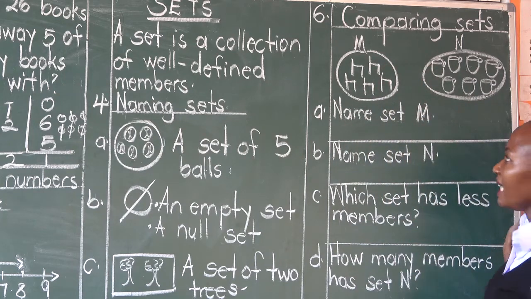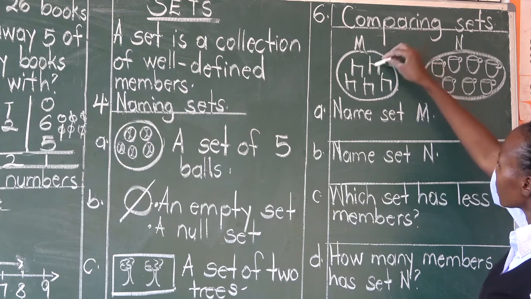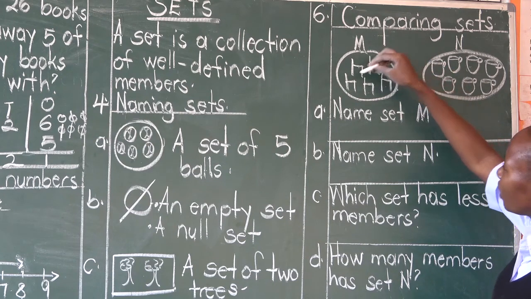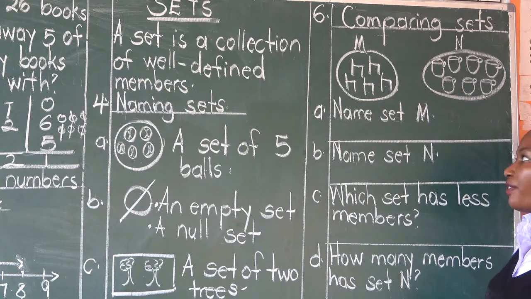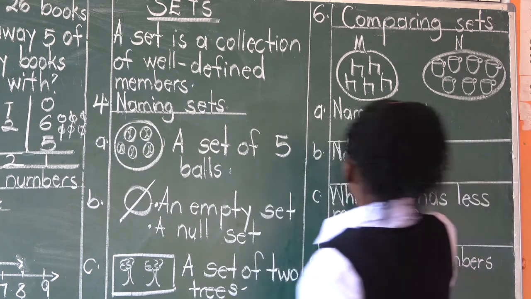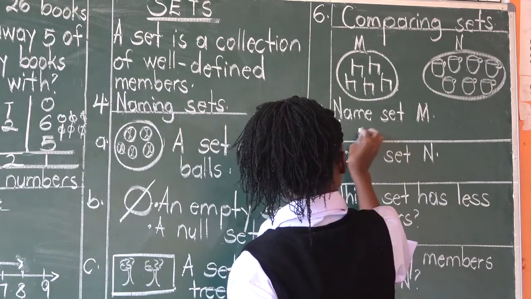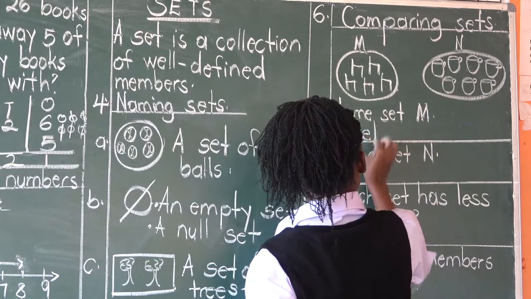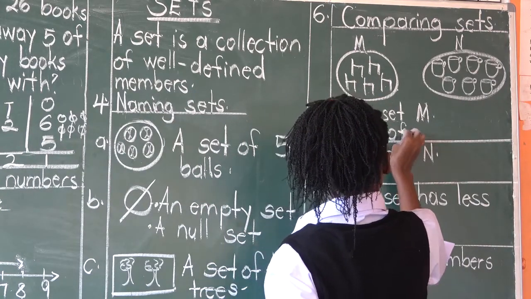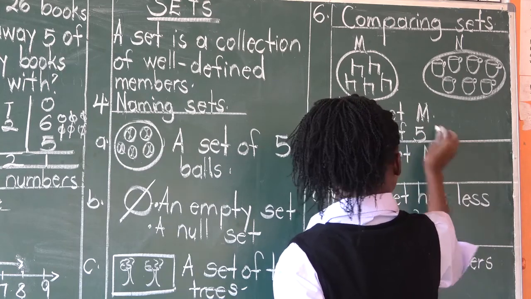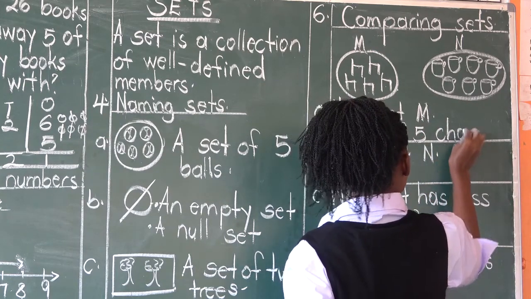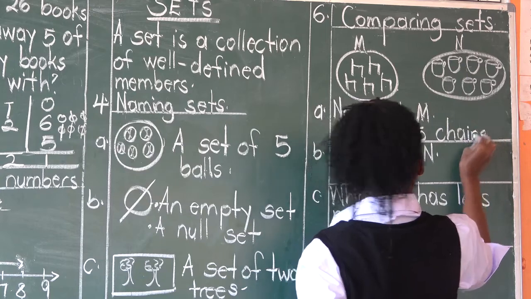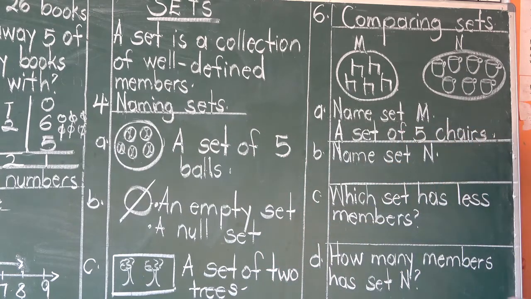And how many are they? 1, 2, 3, 4, 5. They are 5. Now we are going to name the set. We are going to say a set of 5 chairs. A set of 5 chairs.